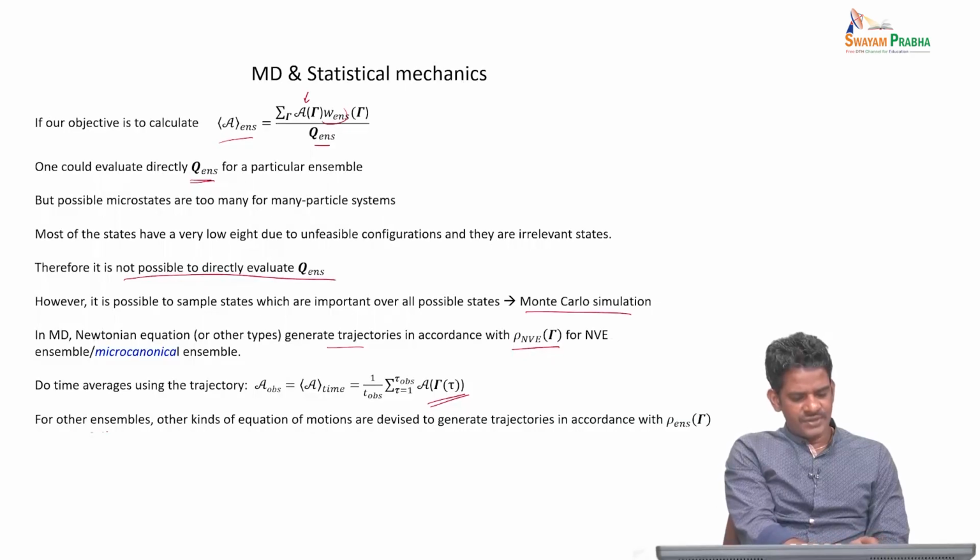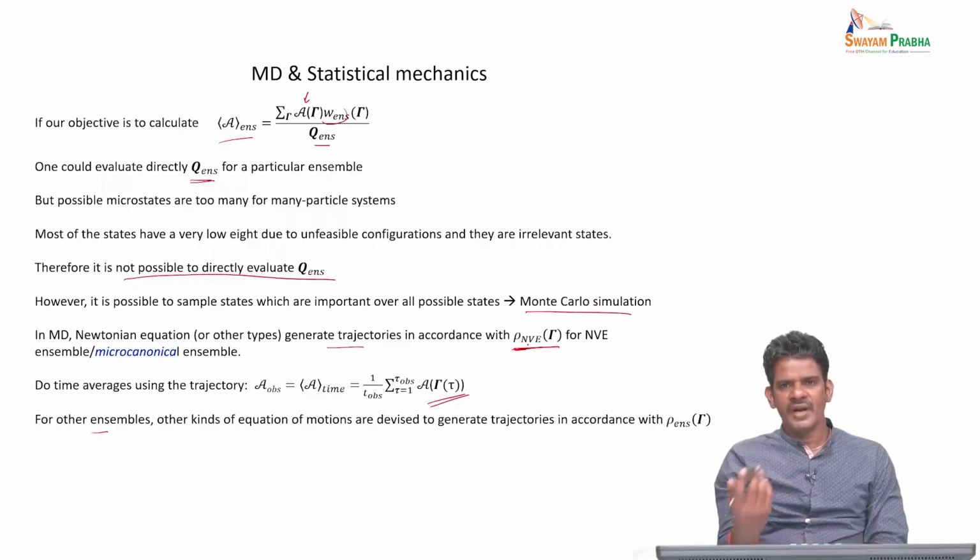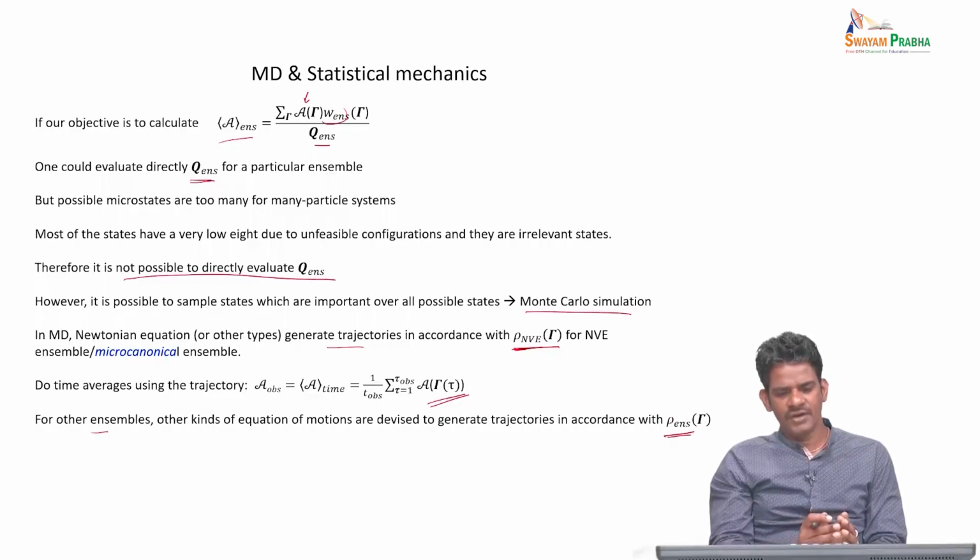As far as NVE is concerned, Newton's law of motion will give you energy-conserving trajectories, but if you want to look at other ensembles like constant temperature or constant pressure, we have to change this dynamical equation so that the microstates are sampled as per the respective ensembles. So the role of MD and MC simulation is to sample microstates either dynamically or through some other sampling schemes.